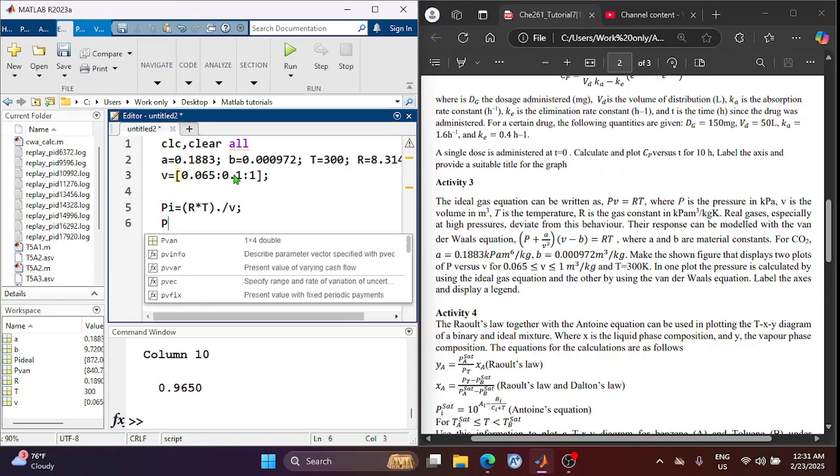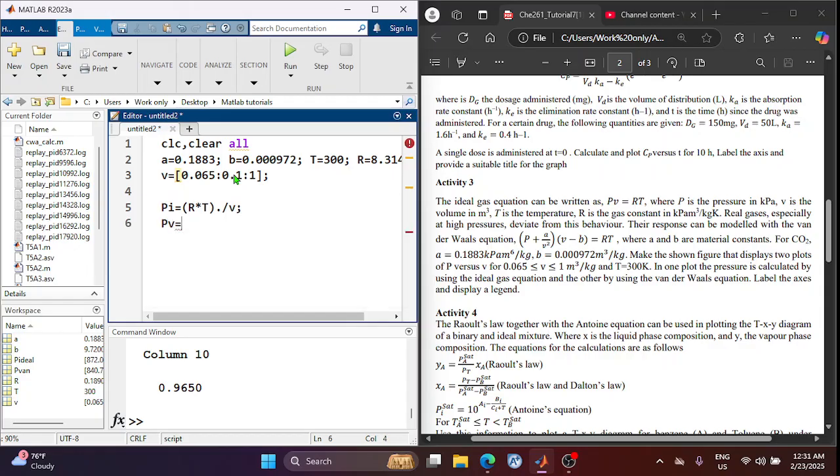Then for P Van der Waals, this is equal to R times T dot over V minus B, so I put all of this in one bracket. All of that minus A dot over V dot squared. Yes, that's what we are going to get.